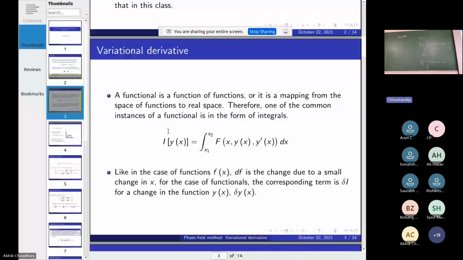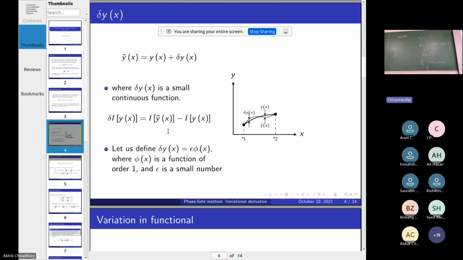So what I typically do is add a delta function, which is localized, to change only here by an arbitrarily small magnitude, as small as it is. Okay, that will give me a small, localized change of the function that I want to have. So I'm going to call that delta y. All right, and the question I'm going to ask is, if I do that small change, y tilde of x is y of x plus delta y of x, which you can picturize this way. What happens to my integral?